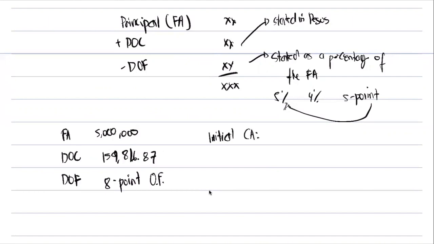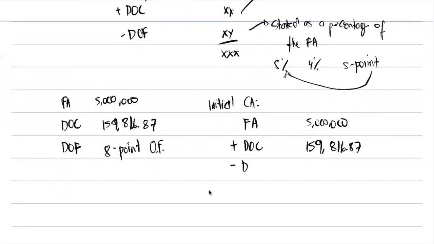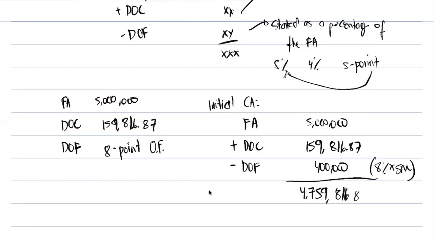The initial carrying amount is equal to your face amount, which is the principal, 5 million, plus direct origination cost of 159,816.87, less direct origination fee, which is equal to 8% of 5 million. So the 8% of 5 million is equal to 400,000. This will give us 4,759,816.87 as the initial carrying amount. Okay? So that's just how we compute for the initial carrying amount.